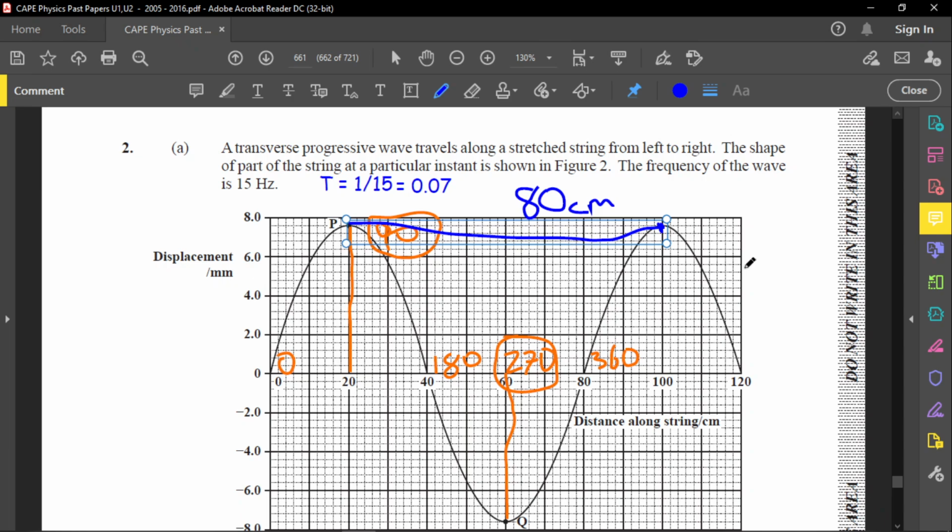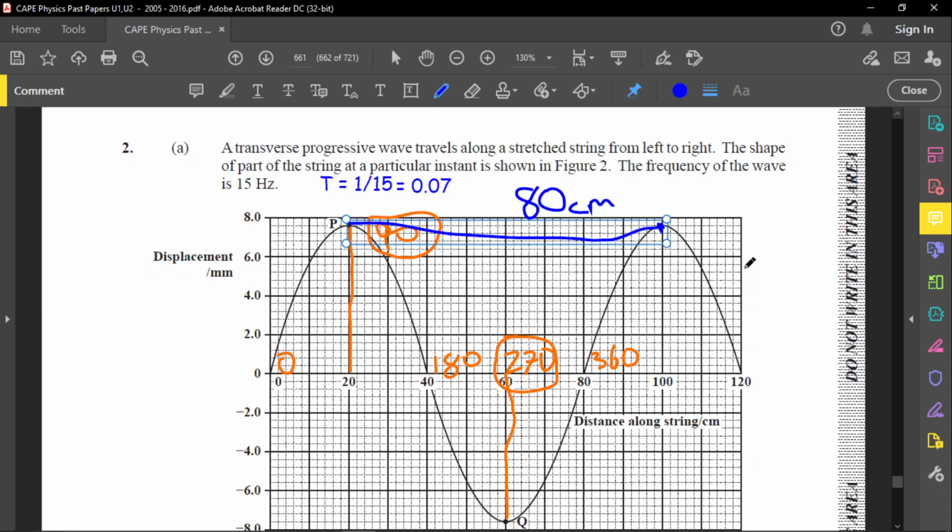But what you need to do is to keep your units the same, because displacement was in millimeters here. So what I'm going to do is to change my centimeters into meters, because speed is going to be meters per second, not centimeters per second.